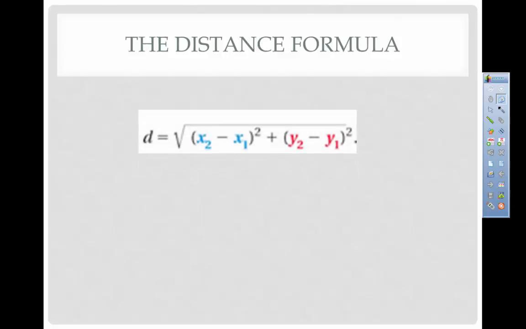So the distance formula, you've had this before. All you do is you have a couple points. You got to plug in the numbers where they go, square some numbers, and take the square root. So this should all be old hat by now.